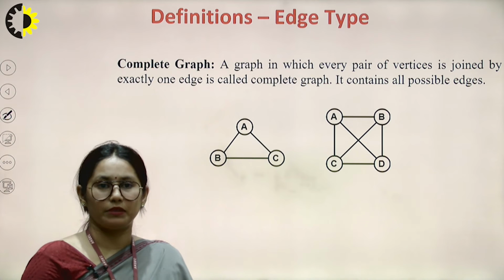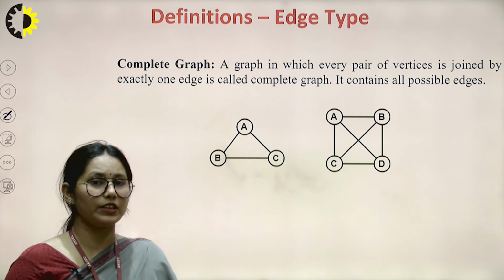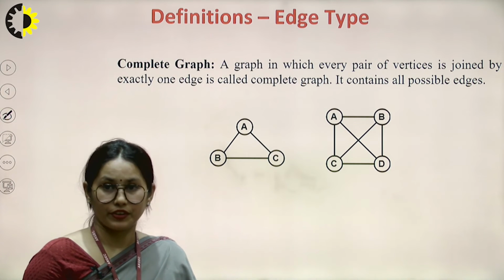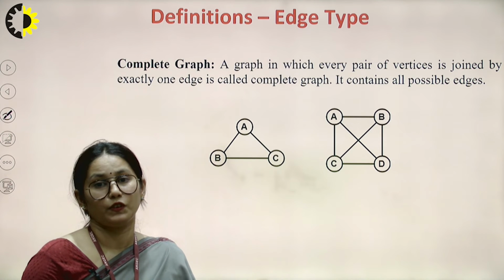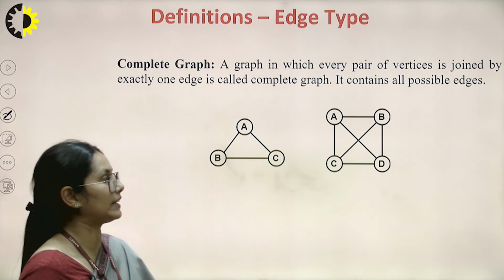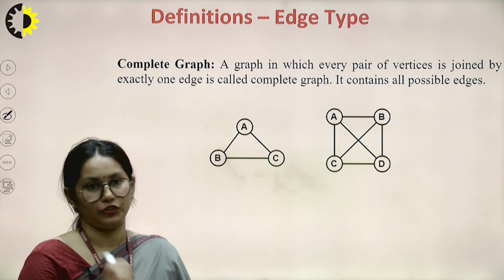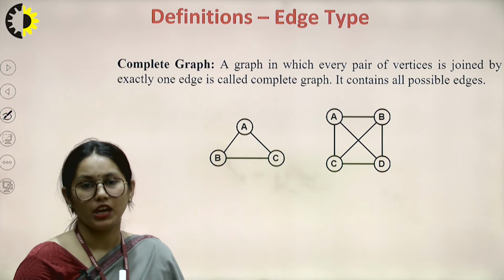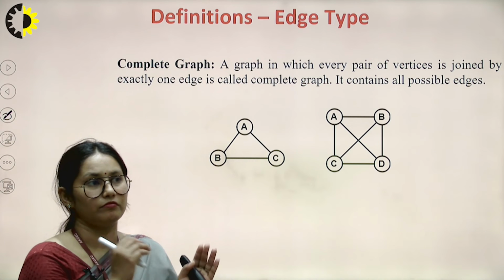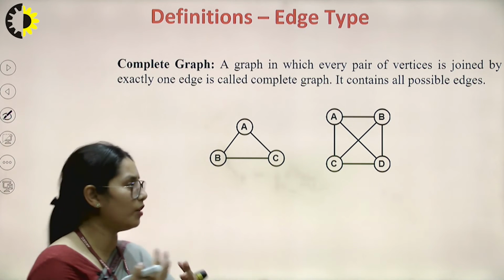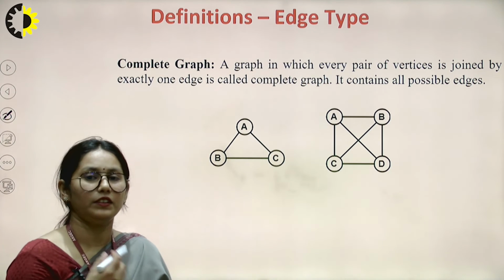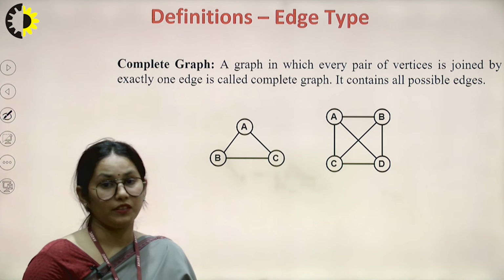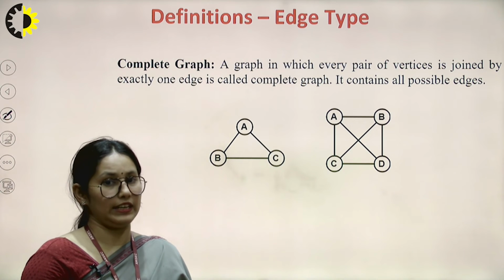Now what is a complete graph? A complete graph is a kind of graph in which every pair of vertices is joined by exactly one edge. So what does it mean? Whatever number of nodes you have, these nodes are connected with one edge only.